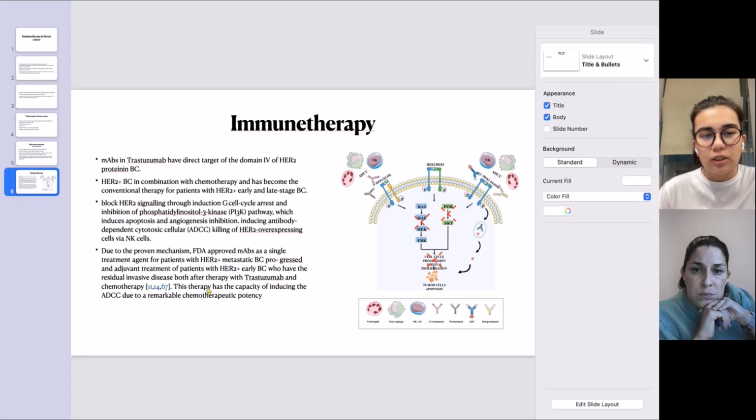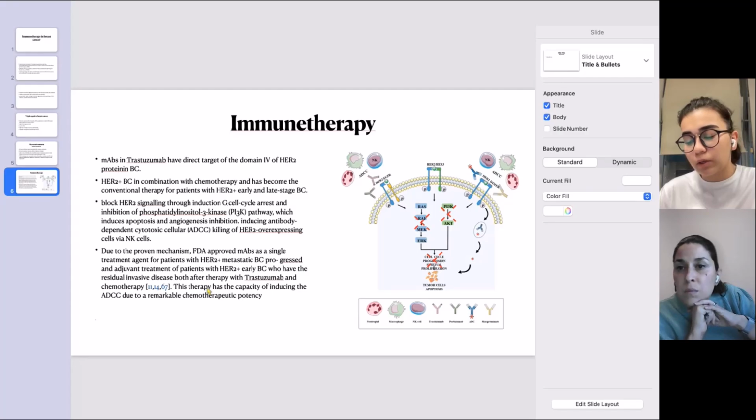HER2 therapy in combination with chemotherapy has become the conventional therapy for patients with HER2 positive early and late stages of breast cancer.